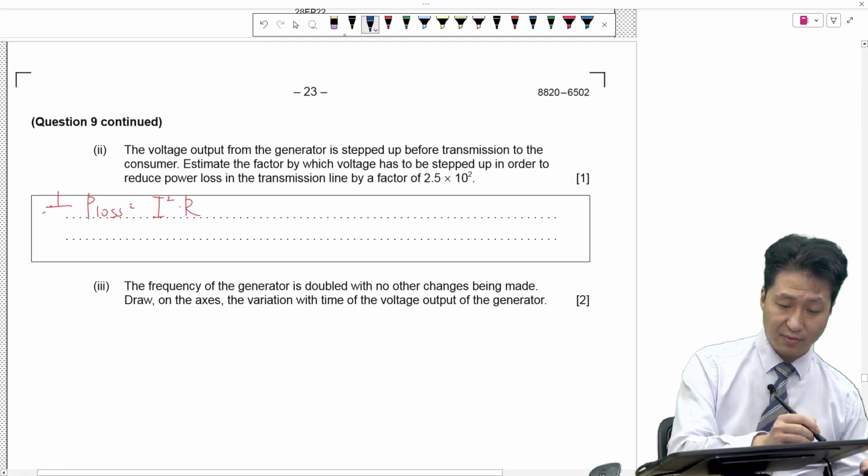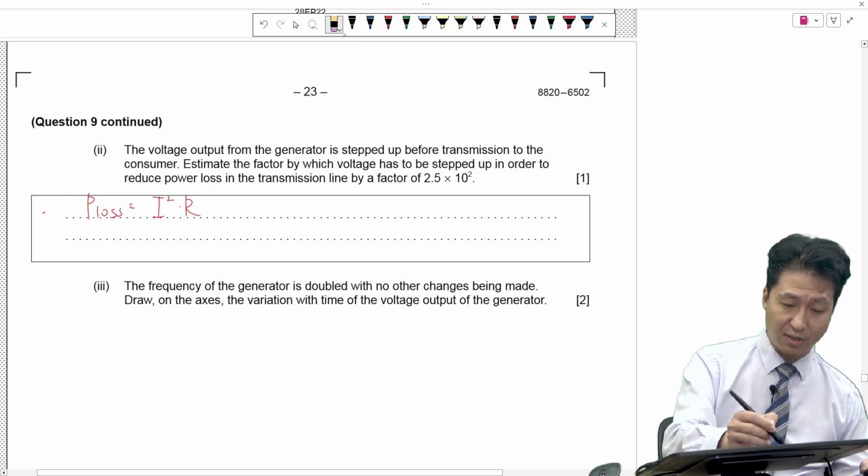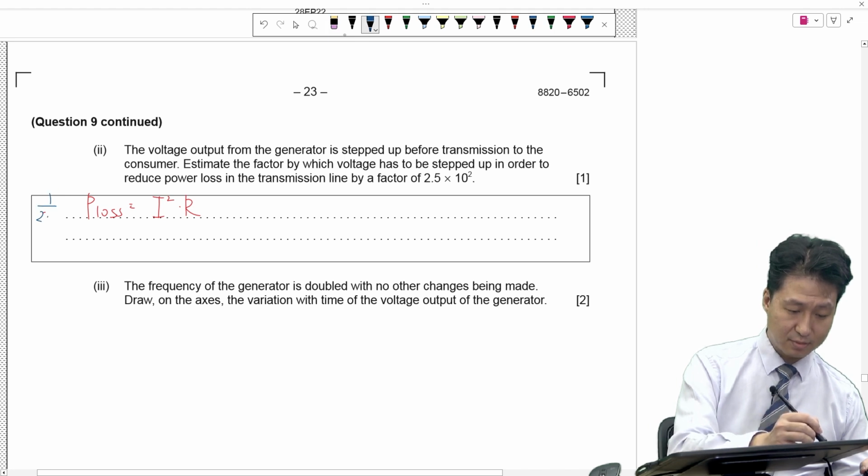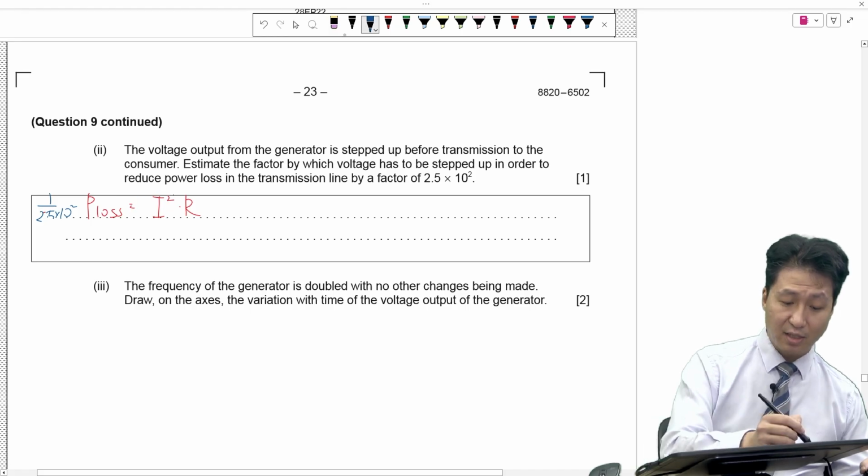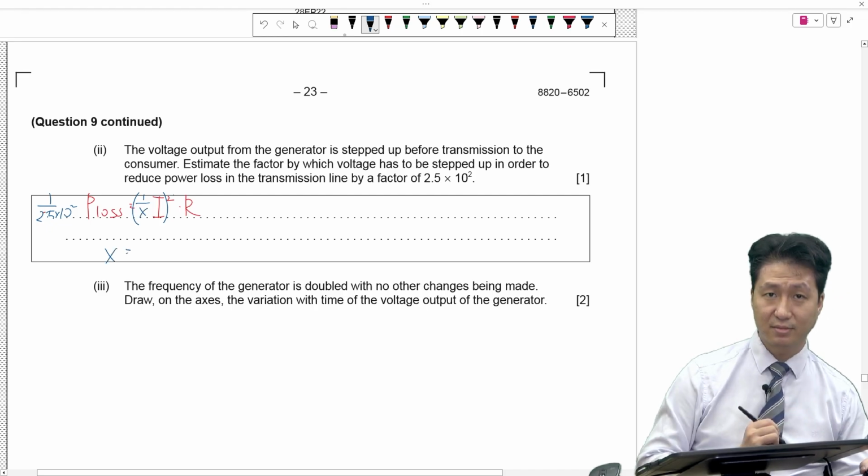add a factor of, let's put in a different color here, 2.5 times 10 to the second. And you do the same thing to the current. The current is going to have some factor in front of it, 1 over x.